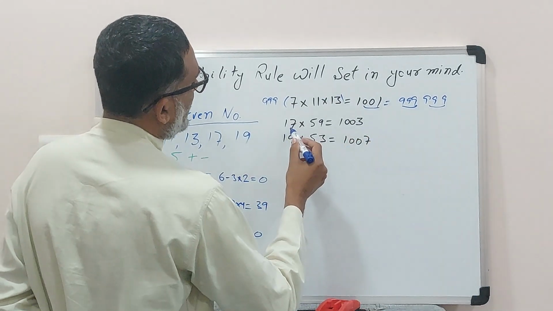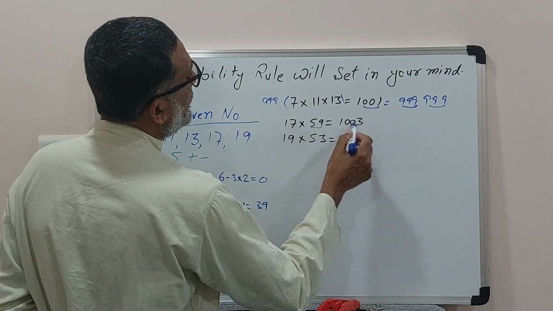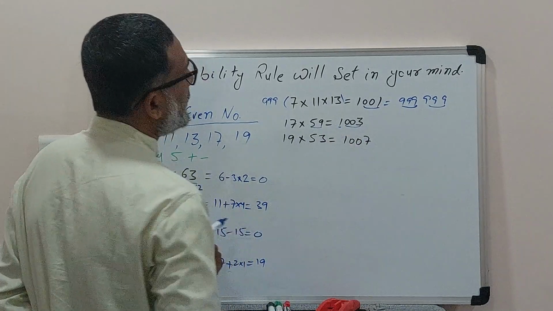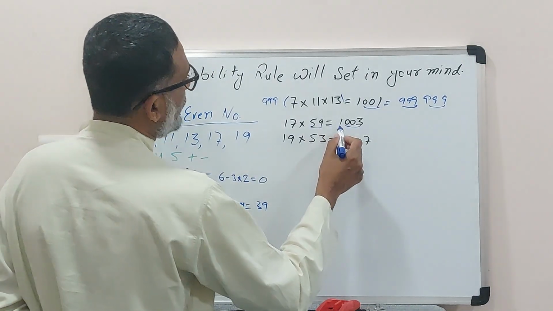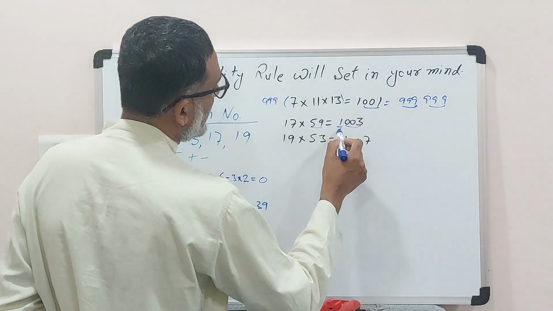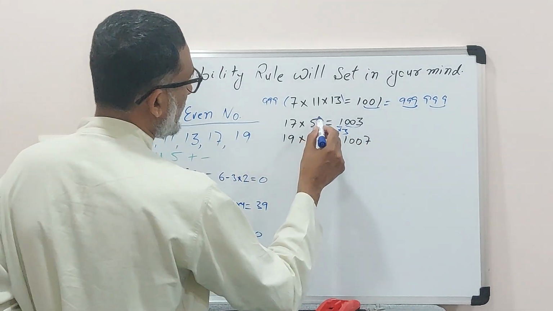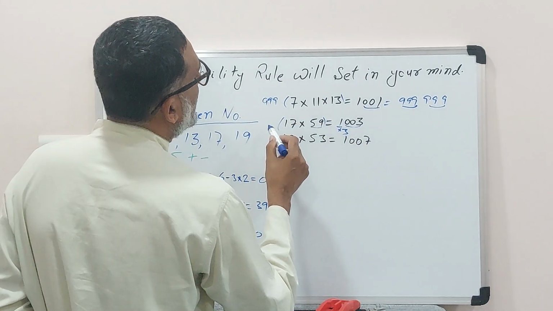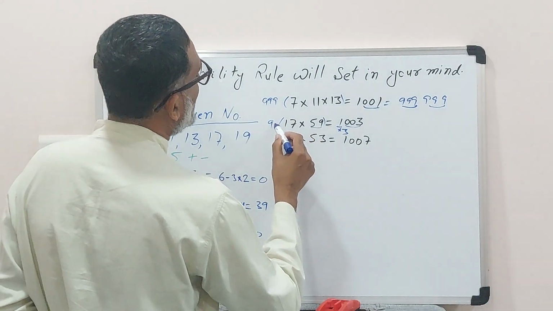Here for 17, when we multiply 59, we get a 3 digit number, but here the difference is 3. So that's why in this rule we have to multiply by 3 to make it the same. And if you multiply it by any number like 9, what will happen?